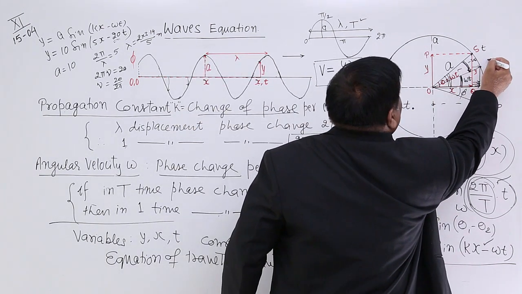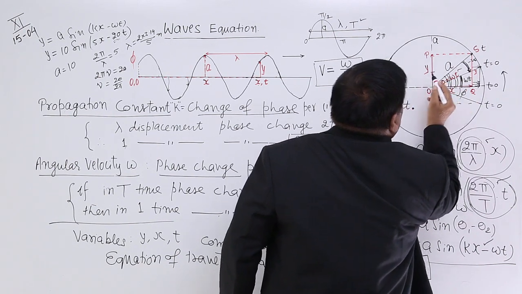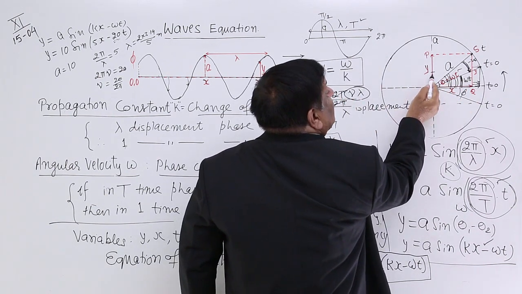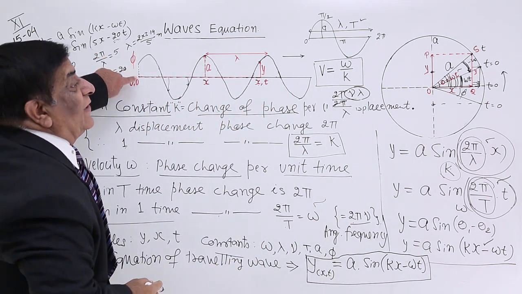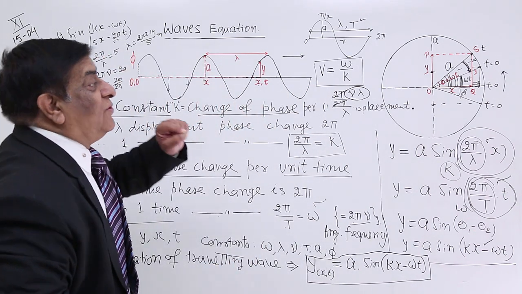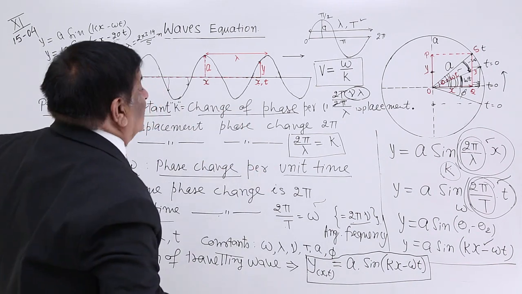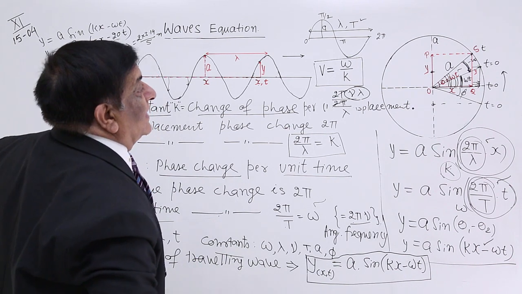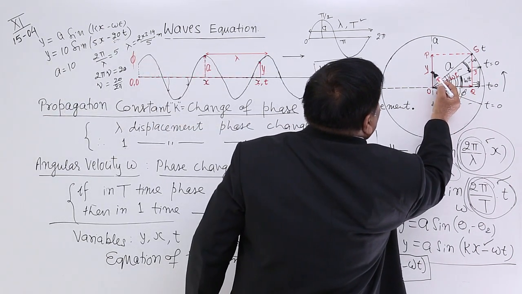If it starts from here, t is equal to 0, then this is phi, and you will see it starts from this much displacement and not from 0. This is known as starting phase, initial phase, and that is written in the equation as omega t minus phi.